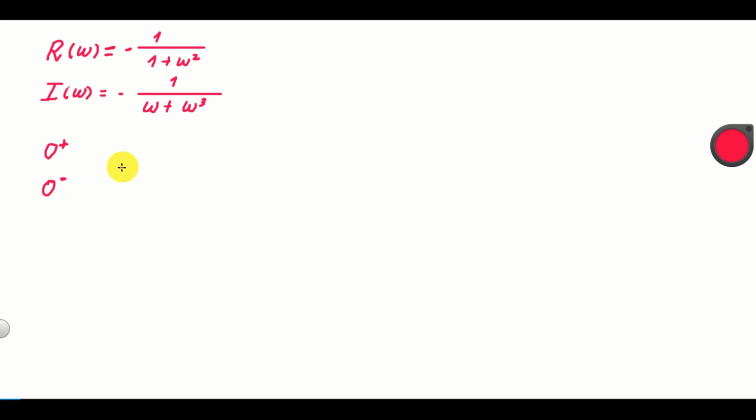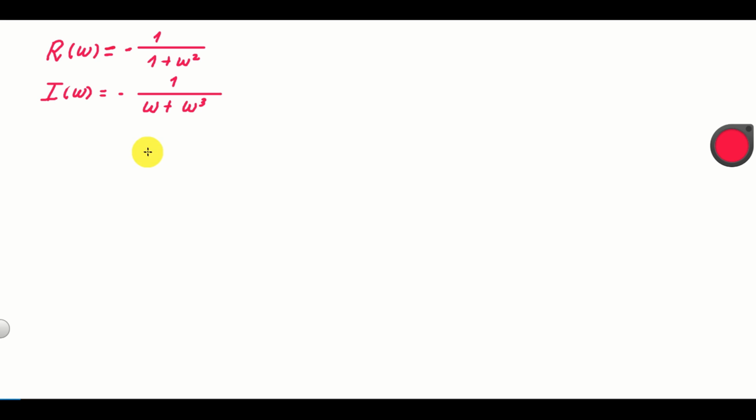That is, this number can be, for example, plus 0.0000001. That is a number that is almost equal to 0, however, it is positive. On the other hand, 0 minus denotes a number that's negative and almost equal to 0. For example, this number can look like this: minus 0.0001. Okay.